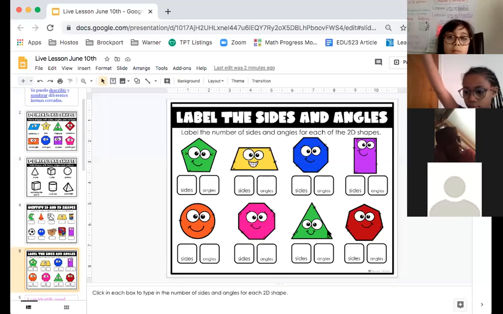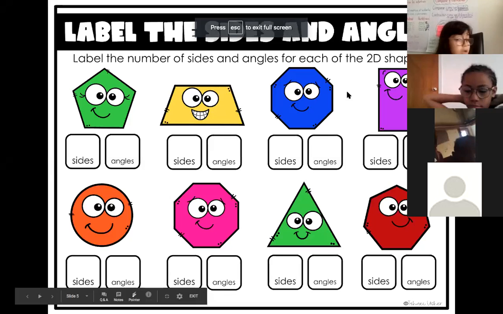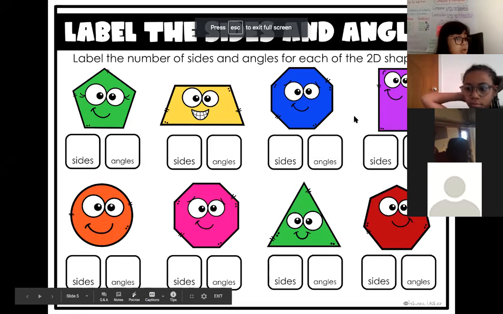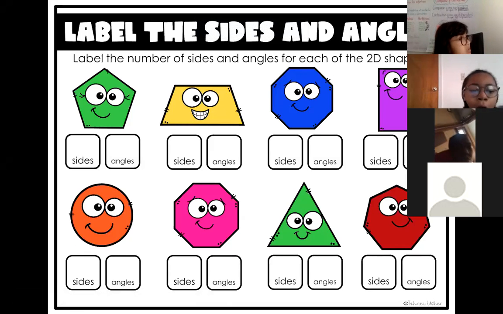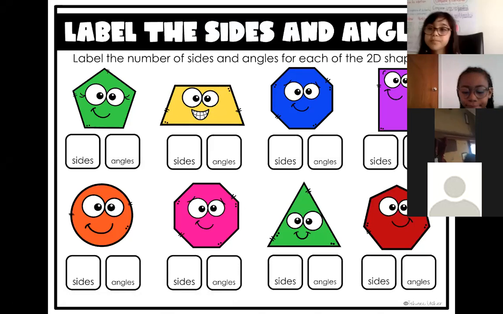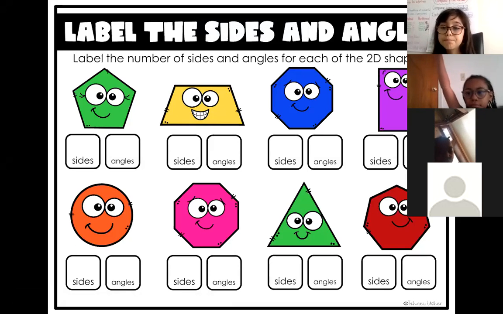All right. Now we're going to come back and we're looking at sides and angles. Okay? Can someone describe what those words mean? When we're looking at a shape and we're trying to find its sides, what are we looking for? Go ahead, Damali.